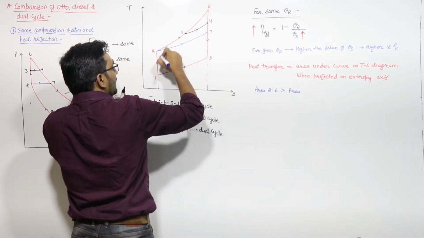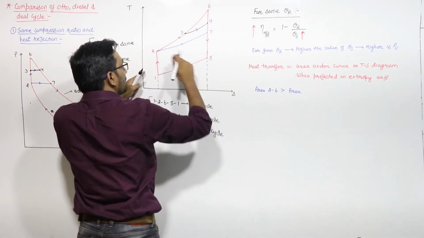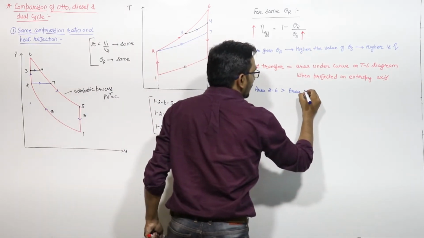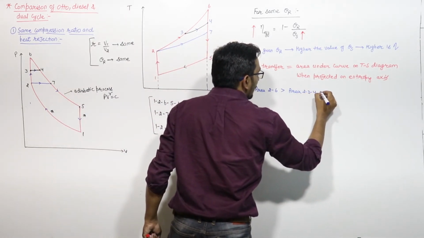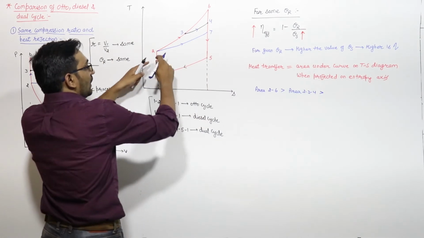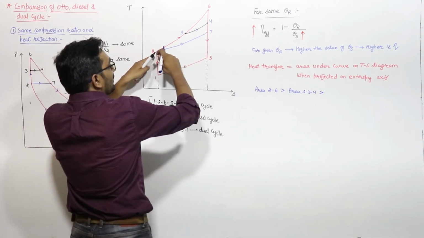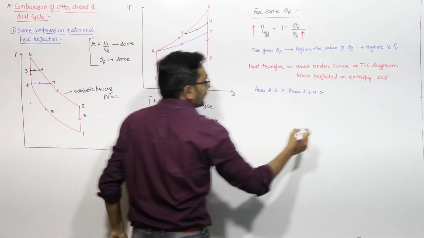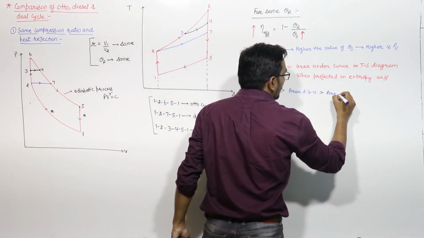You can see this 2 to 6 area is more than the area of 2, 3, 4, and this will be greater than the area of the diesel cycle, that 2 to 7, this area is smaller.